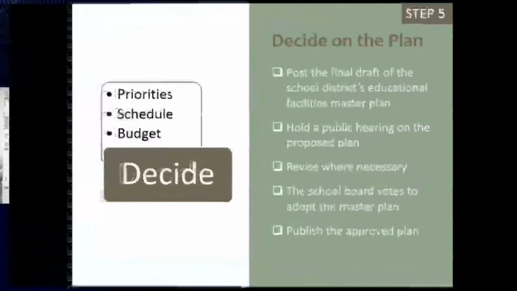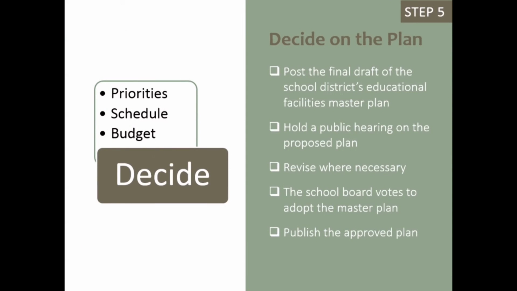In Step 5, official decisions need to be made on the recommendations of the Educational Facilities Master Plan. The plan and its supporting documentation should be easily available to the public. The school district governing board should hold a public hearing on the proposed master plan. Finally, the school board adopts the master plan and it is published.